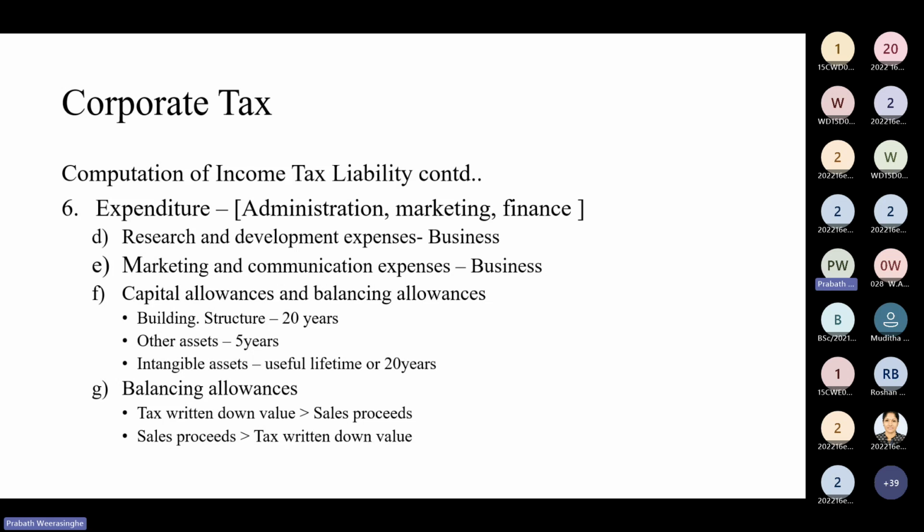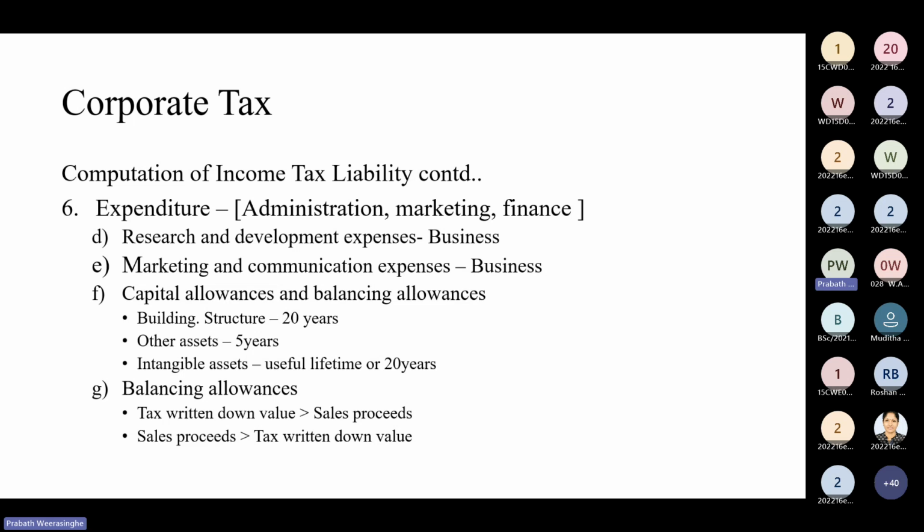Remember, they should be depreciable assets. That is why we are not claiming capital allowances for land, right? Other assets, over a period of 5 years. Intangible assets, useful lifetime or 20 years. So there should be some information for you to decide the useful lifetime.